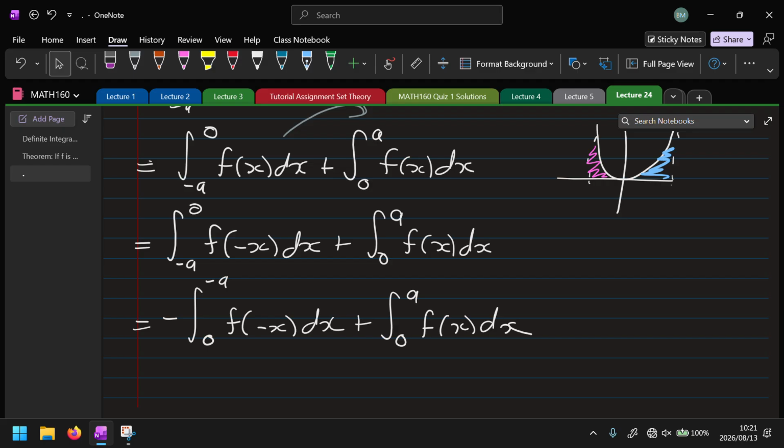Not quite. Sorry, it was there, and then there. You on the back? Close. Close, but you can't swap the functions because remember, f of minus x is the same as f of x. So we're just going back to where we started.